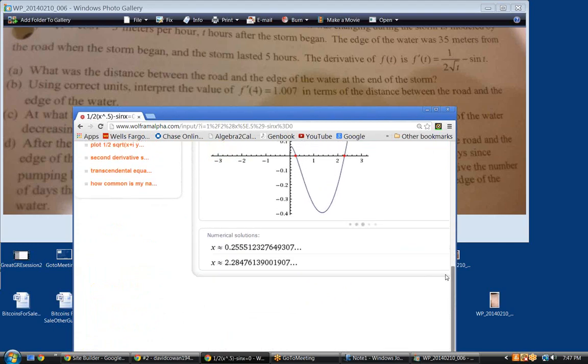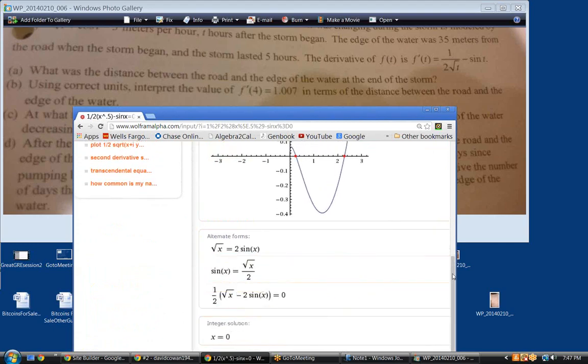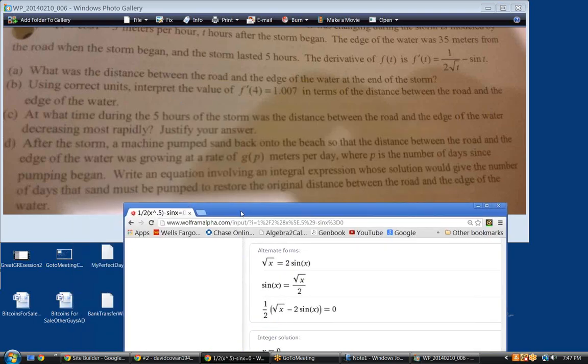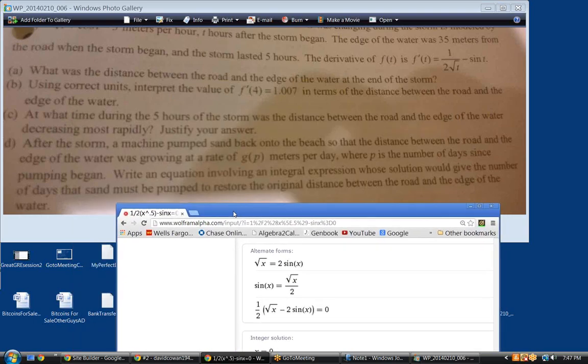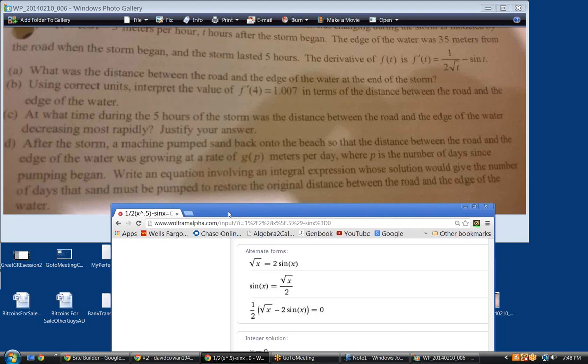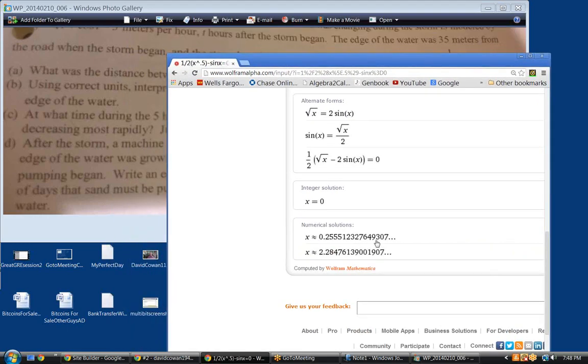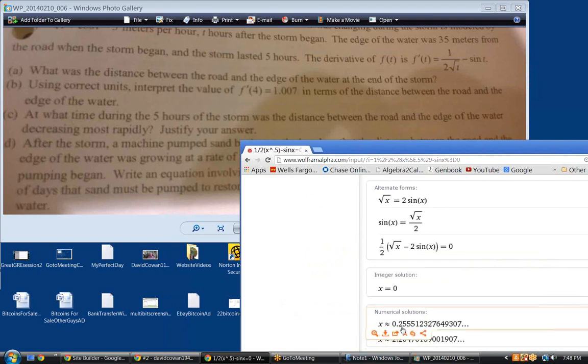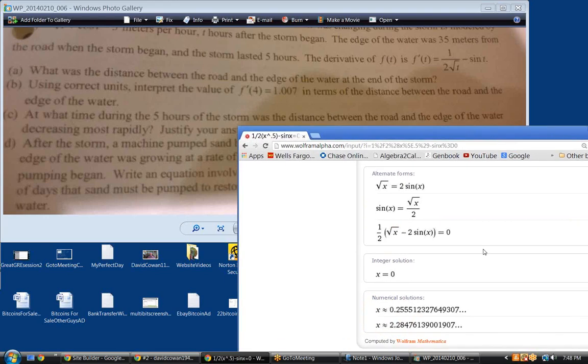Interesting. 0.2555 and 2.28. In other words, there are 2 places. We should have 2 answers for this one. Right at the start of the storm at 0.25 hours and then at the 2.28 hour mark.